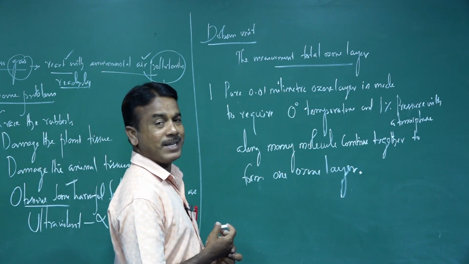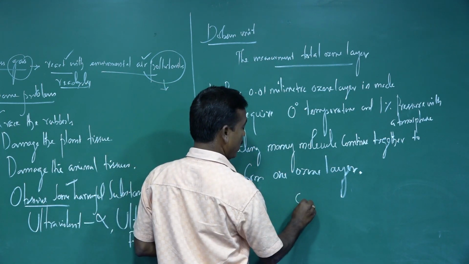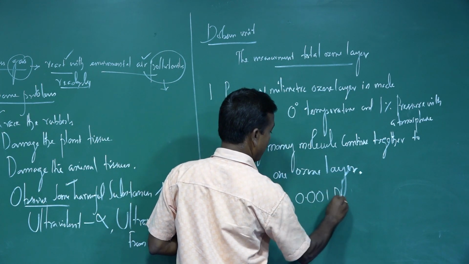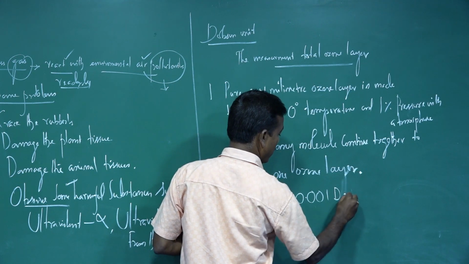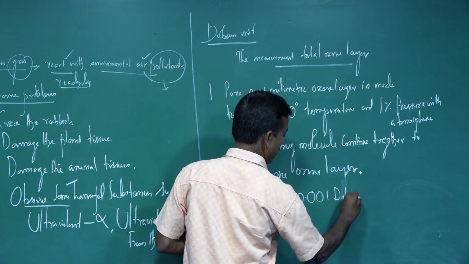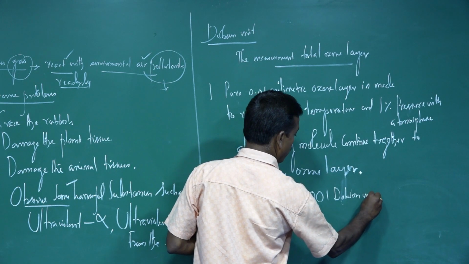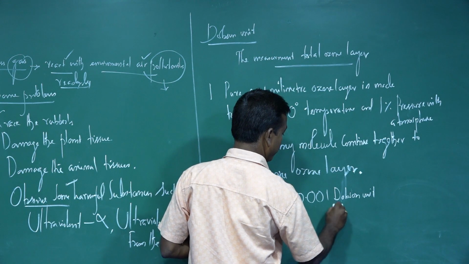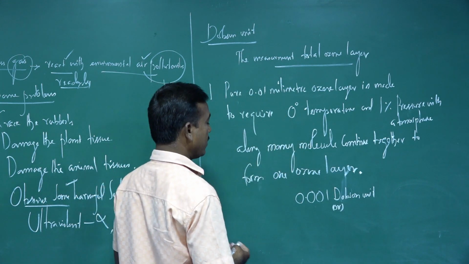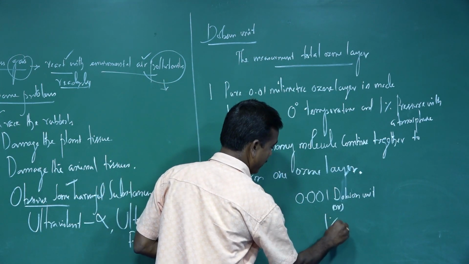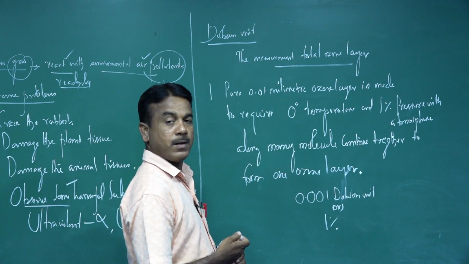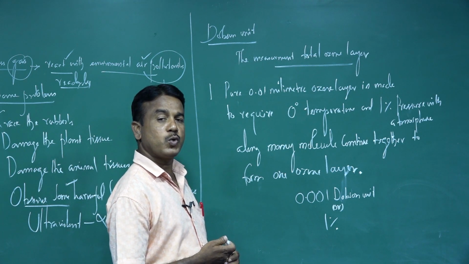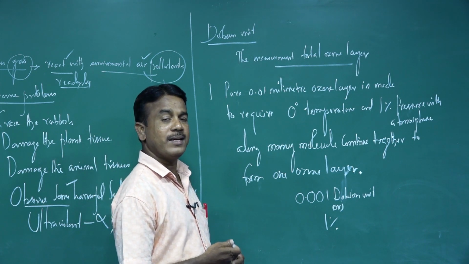How can it be measured? The unit is commonly 0.001 Dobson unit, or otherwise indicated as 1%. Sometimes the total ozone layer in the earth is calculated.